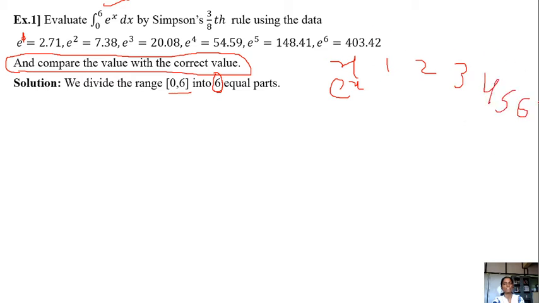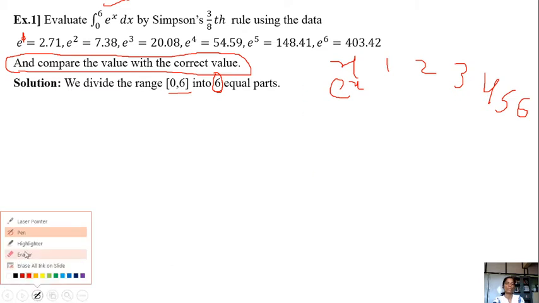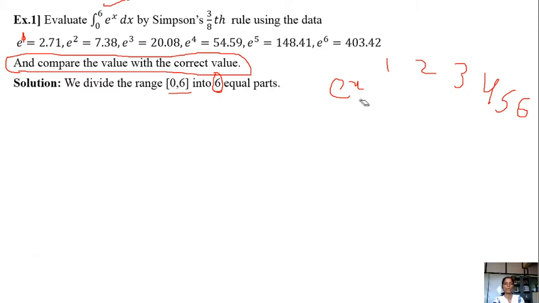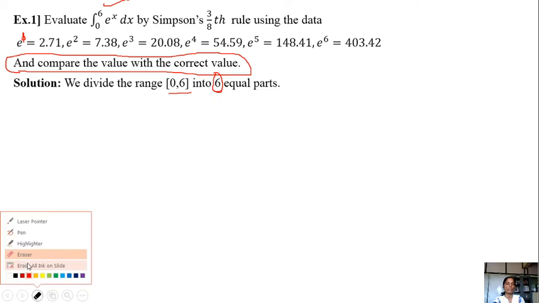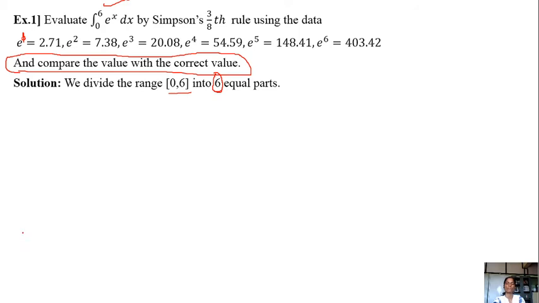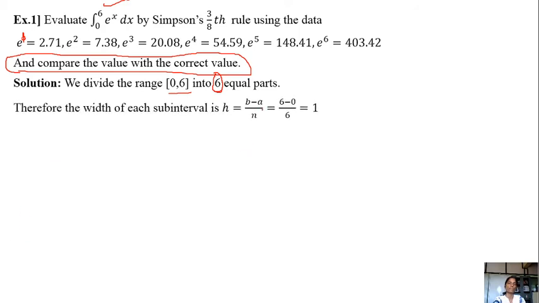So obviously the interval of differencing is just 1 only. So here the interval of differencing is given as h. So divide the interval into 6 equal parts. So your h is b minus a upon n, where b is the upper limit, a is the lower limit, and n is the number of subintervals. So 6 minus 0 upon 6, and your h is 1.